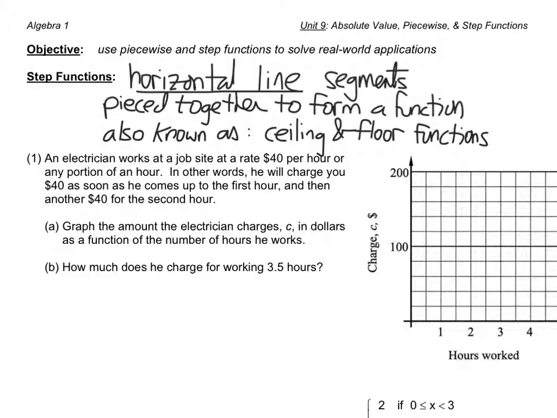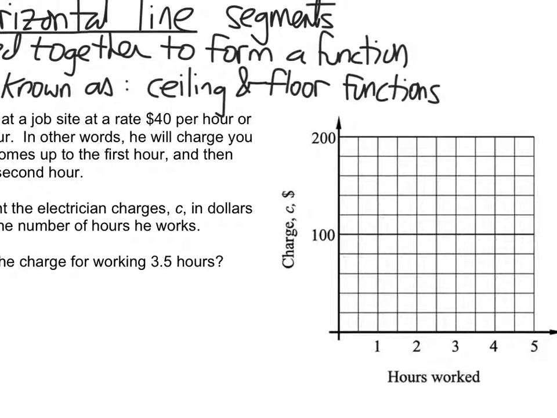All right, so what that's telling us is that you're going to pay $40 for that first hour. All right, so 40 is right here. I'm just going to label everything just so I have it.